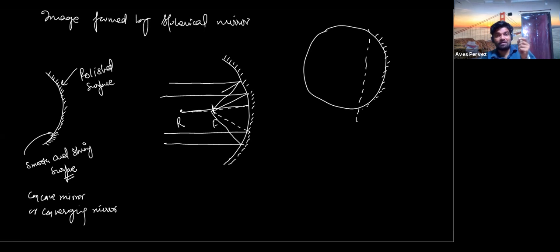And the condition for refraction is that the ray should travel from one medium to another medium, and secondly, it must bend. If the ray is moving from medium 1 to 2 but it is not bending, for example when the ray passes normally to the surface or the medium, then it does not bend.